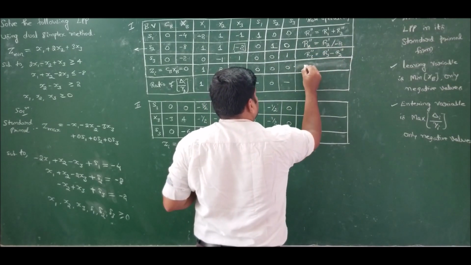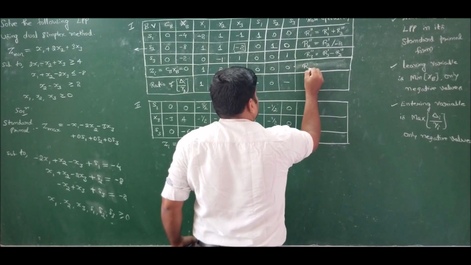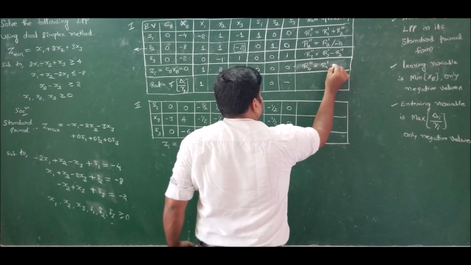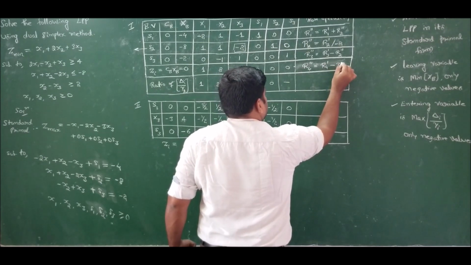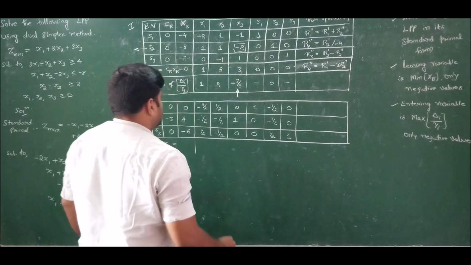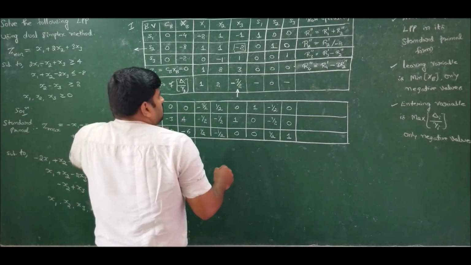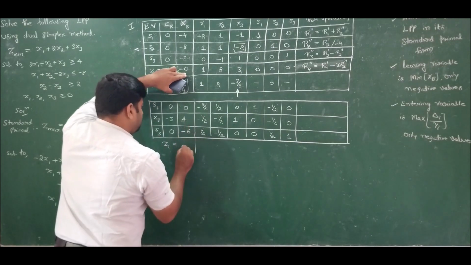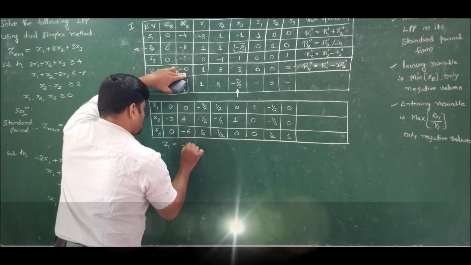So now I want R4 of step 2 is R4 of step 1 minus 3 times R2 of step 2. So here I have 0, here I have 4, 4 3s are 12, it will become minus 12.